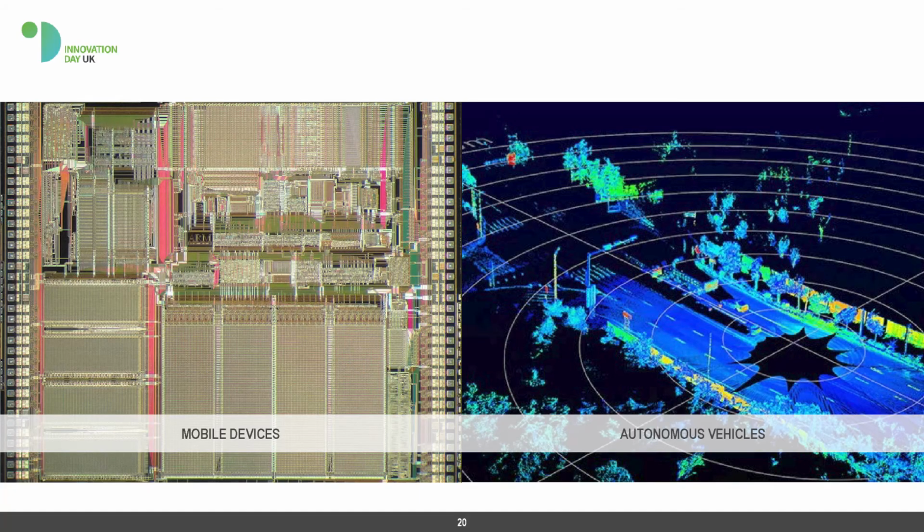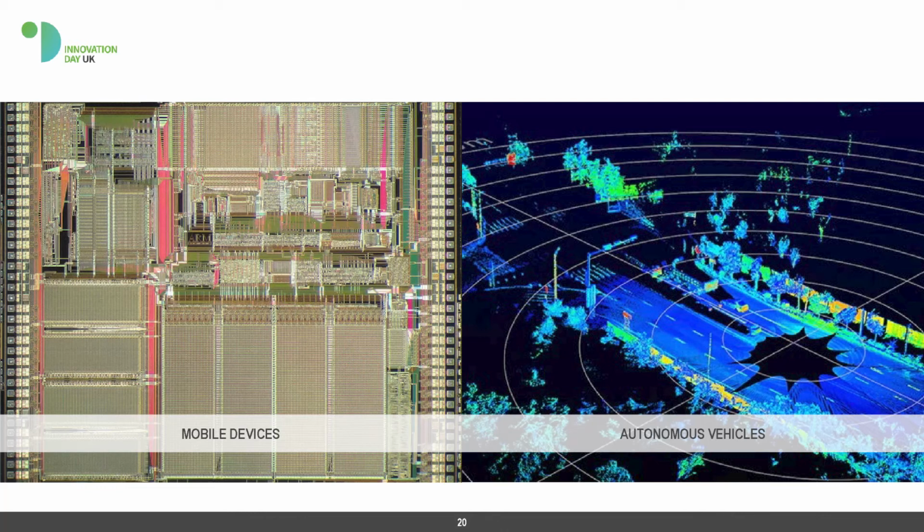The last piece of this, when we talk about the different technologies that are becoming available and becoming really market ready, I'll just mention these two aspects. These two drivers, mobile devices and automated vehicles, are really helping to drive why these systems are much more readily available.